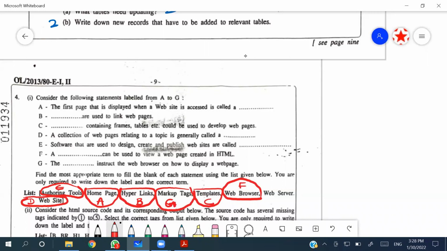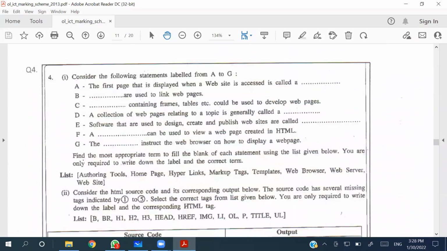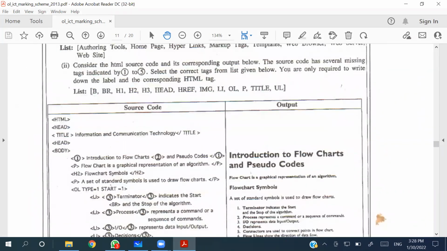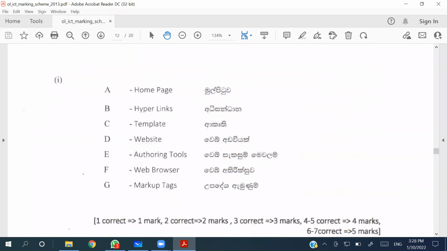So let's cross-check it with the answers. So mark your things, and marks are given, like 5 marks are given.